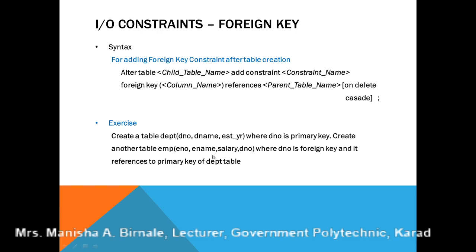So which table is having the foreign key? The second table, EMP. So this is a child table and the first table is having only the primary key. So this is a parent table. So first we have to create the parent table and then we can create the child table. So let us see it practically.